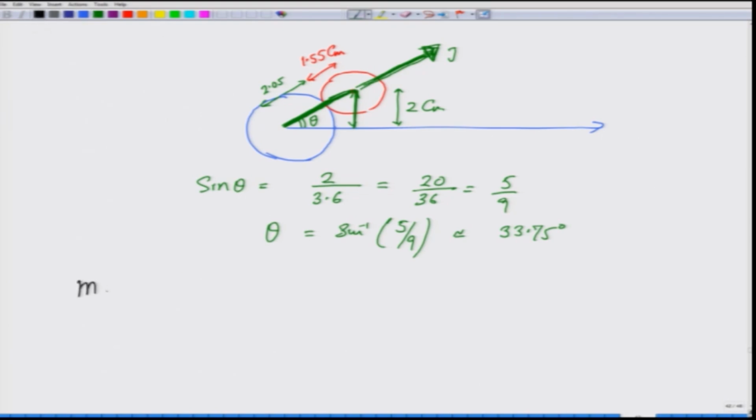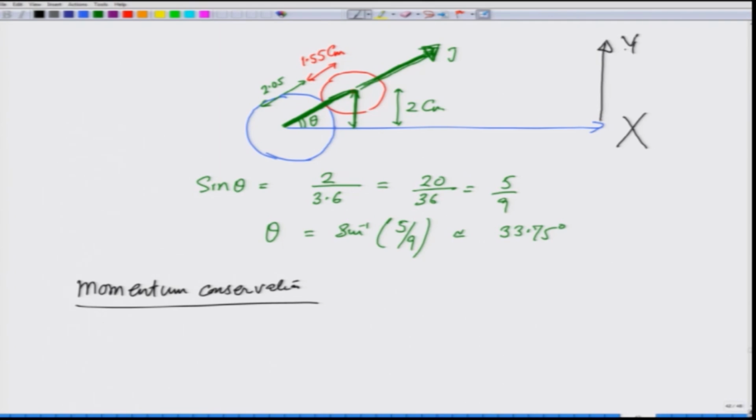Momentum conservation, which tells me that the momentum in both x and y direction is going to be conserved. Let me take this x and perpendicular direction to be y. So, initial momentum is 15 times 10 raised to minus 3, since the units of mass are going to be grams all throughout, I do not have to write minus 3 here.